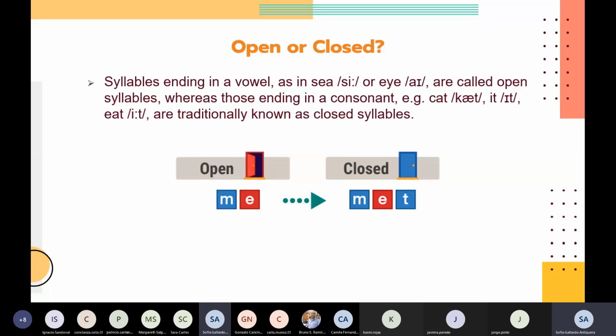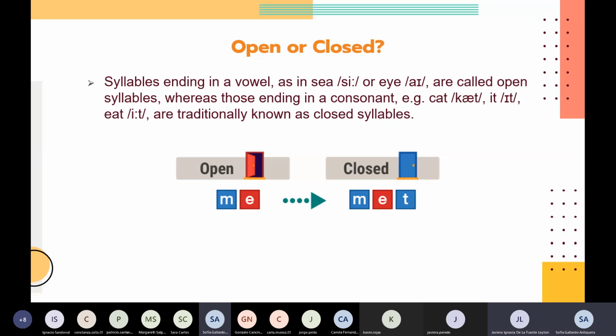Now we're going to talk about open and closed syllables. So, does anyone want to read? Maybe Javiera de la Fuente, can you please read? Yes, miss. Open syllables, those ending in a vowel, as in see or I, are called open syllables, whereas those ending in a consonant, for example cat, it, are traditionally known as closed syllables.